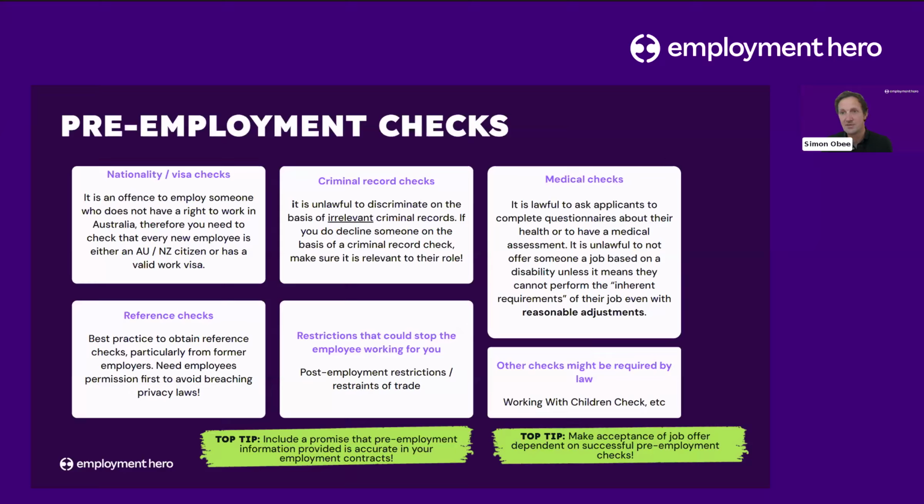A couple of top tips here. We think it's a good idea to include something in your employment contract whereby the employee has promised or given a warranty that the information they have provided to you in the recruitment process is accurate, and you could have a statement in there saying that if it transpires that it wasn't accurate, you can terminate employment, just to give you the best possible chance of being able to deal with a situation like that in any way you want to, if it unfortunately turns out that way.